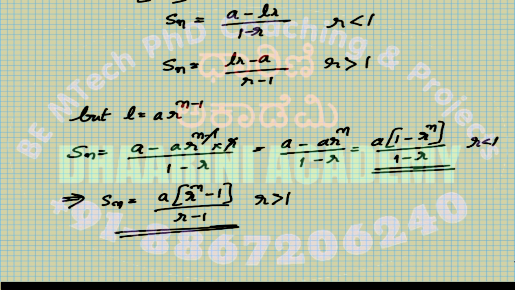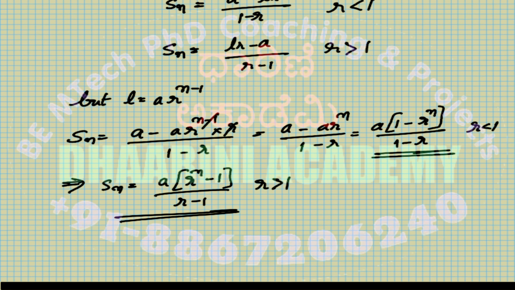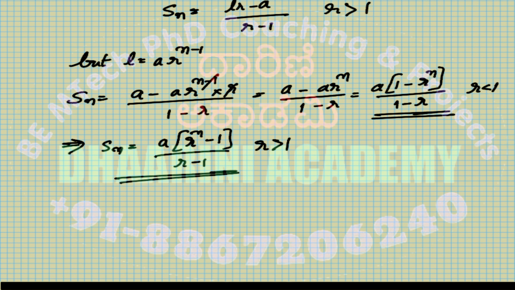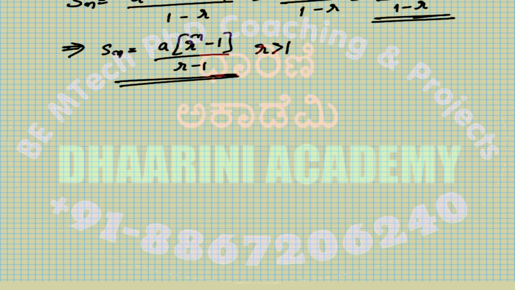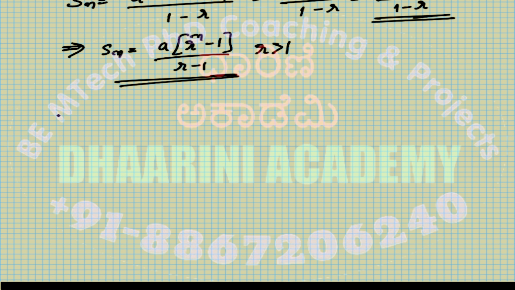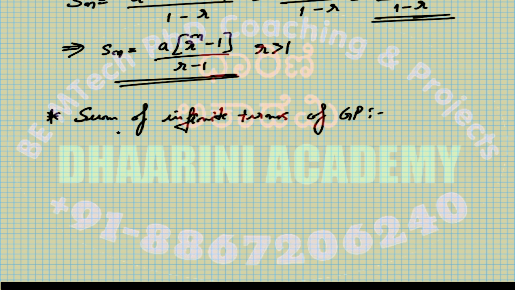All right, and the next concept here is not to find the sum of n terms, but the sum of infinite terms of GP. So let us first write the equation Sn itself.